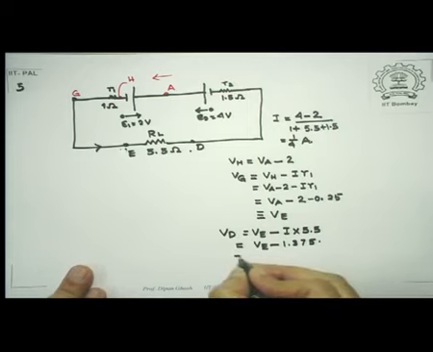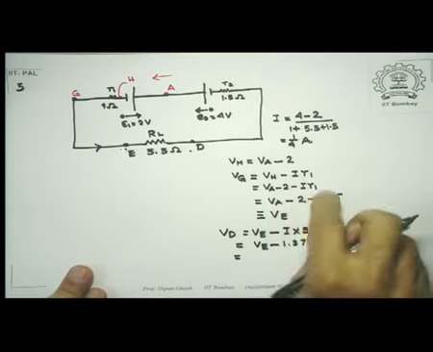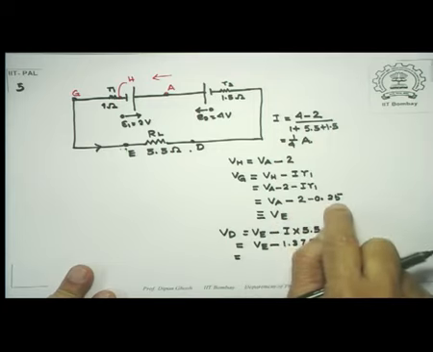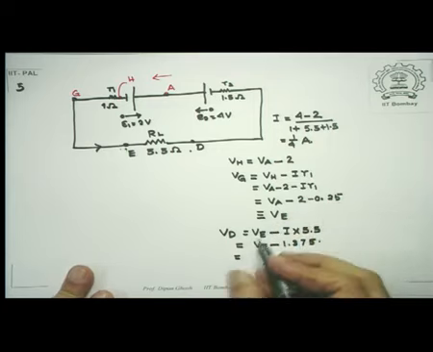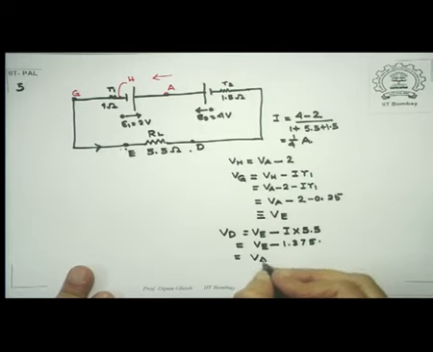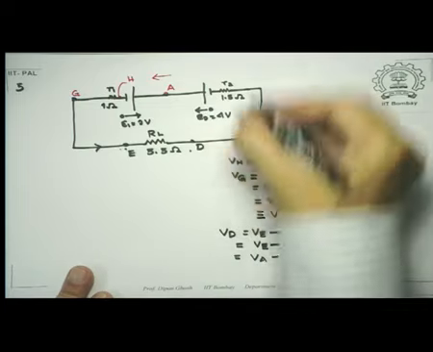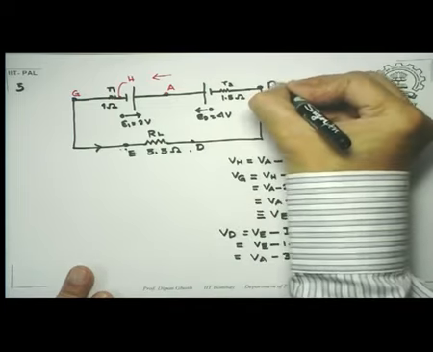And if you look at this relationship there, I have got Ve equal to Va minus 1.75. So this gives you Va minus 3.625. And that is the same as the point B.